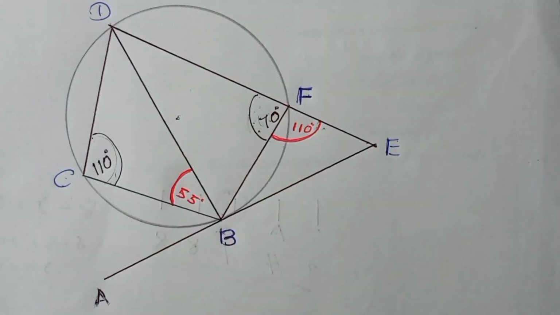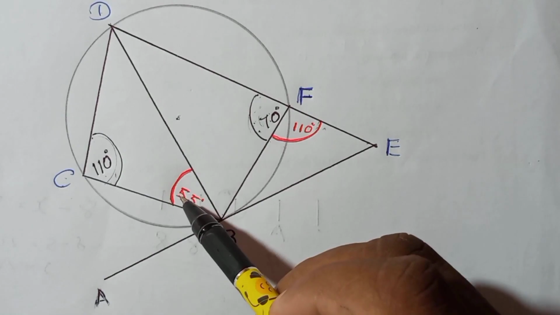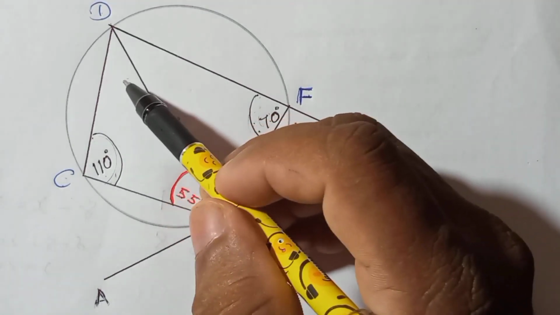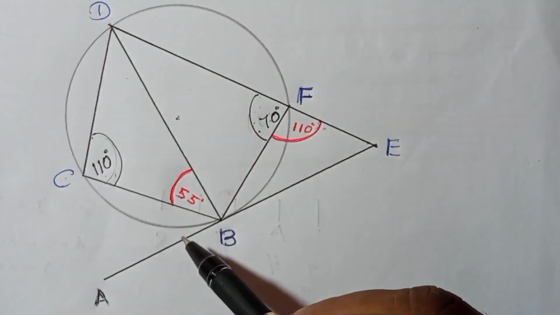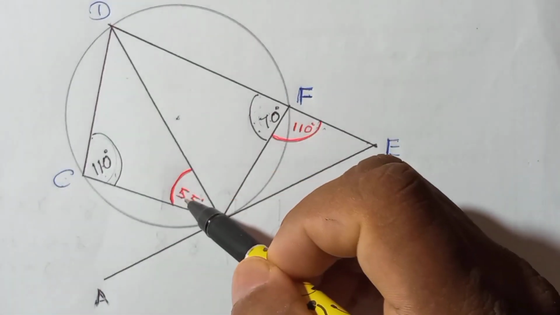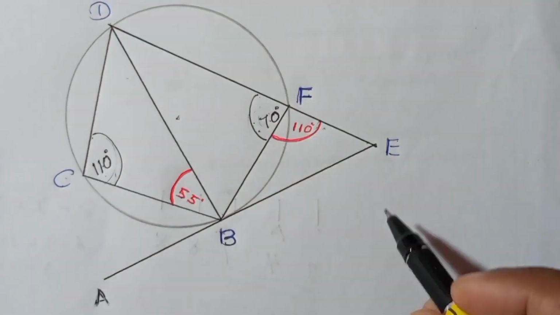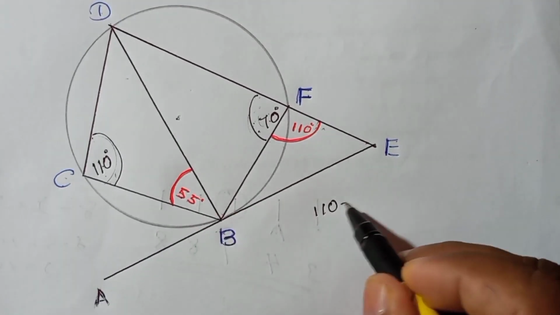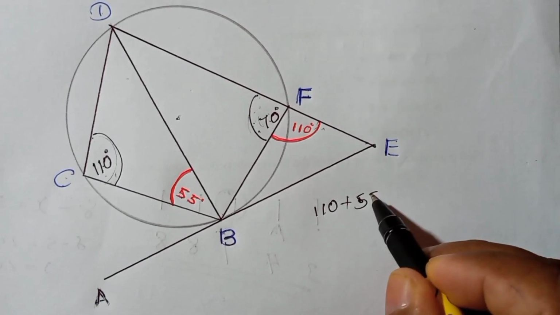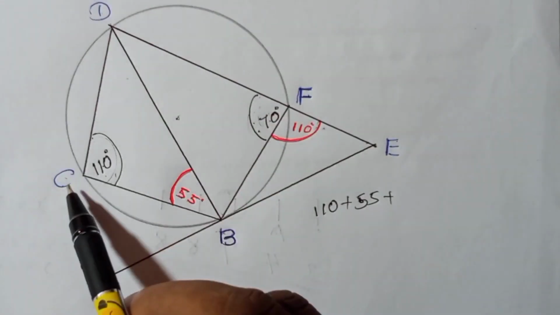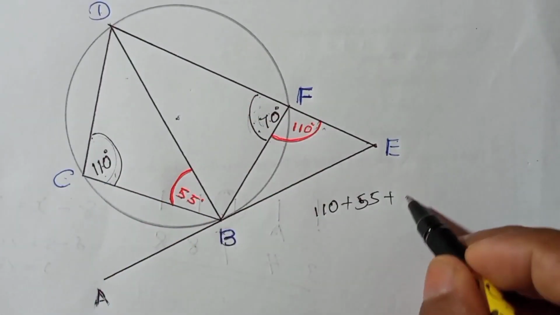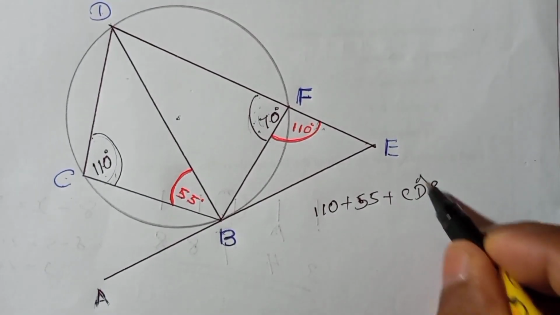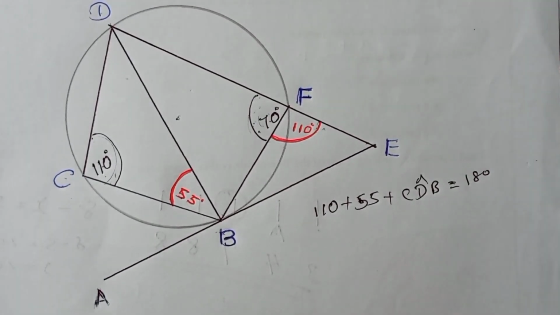Okay, then you can think here 110, 55, and this one should again be 180, right? That means 110 plus 55 plus this angle, which we can call CDB, should be equal to 180.